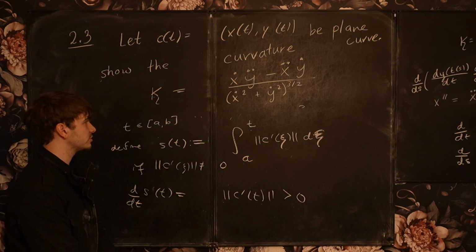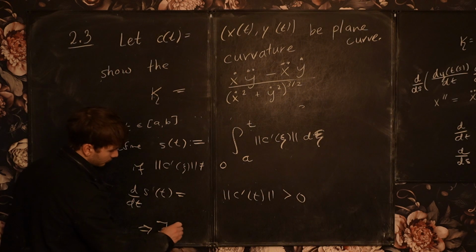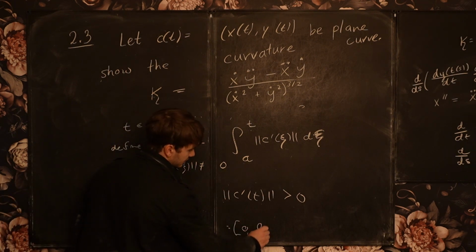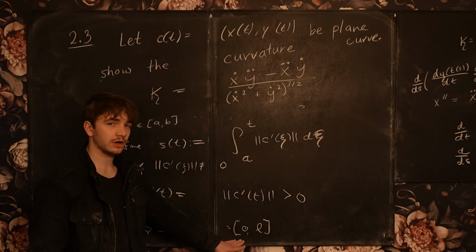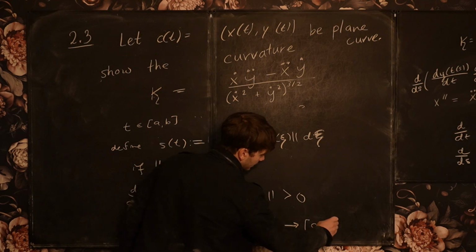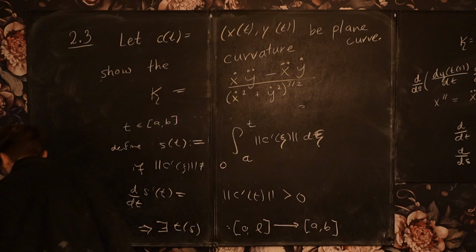We can find an inverse parametrization t of s, which is a function from [0, L], which is the interval used for the arc length parametrization, into [a, b], and this is a smooth inverse of s of t.